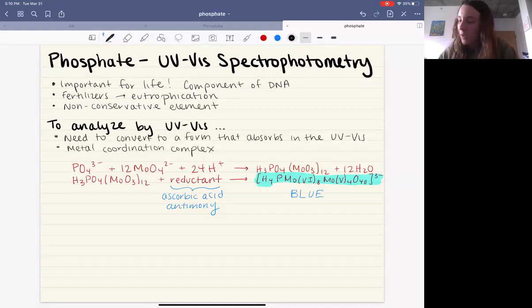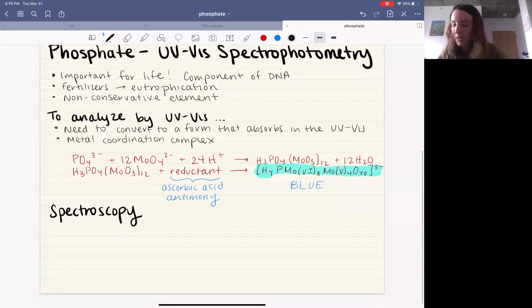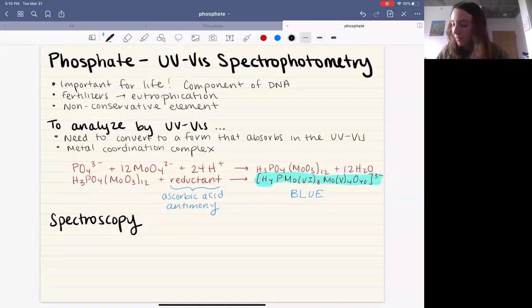Okay, so we have talked a little bit about spectroscopy before, but that was in relation to atomic absorption spectroscopy. So that was where we were looking at atoms.